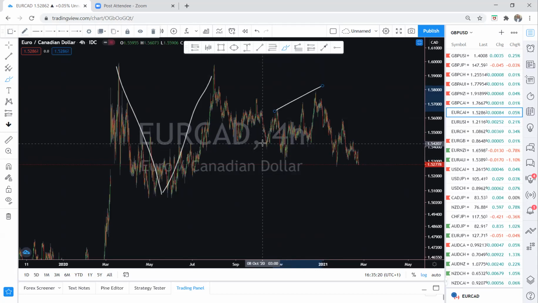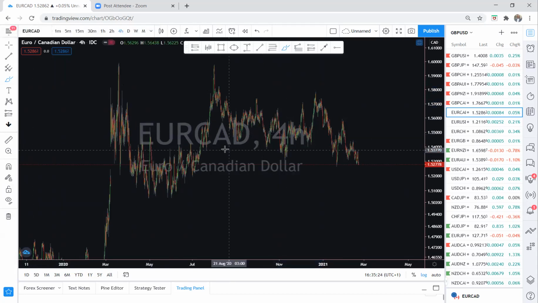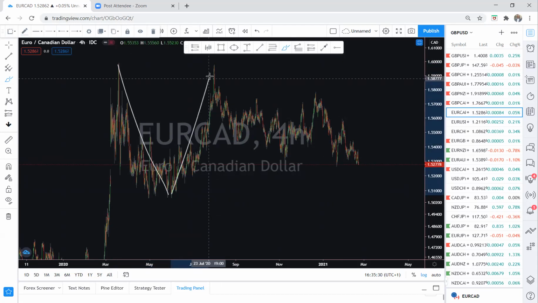You will see that we have this beautiful structure. I want us to analyze it very clearly. Down move, then we have this up wave. Let's use a different color for it. All right, so now we have this beautiful structure in 3 waves to the downside. Let's use another color.